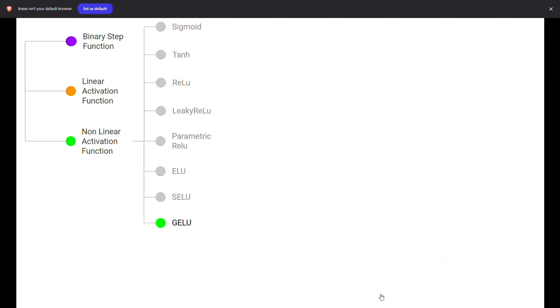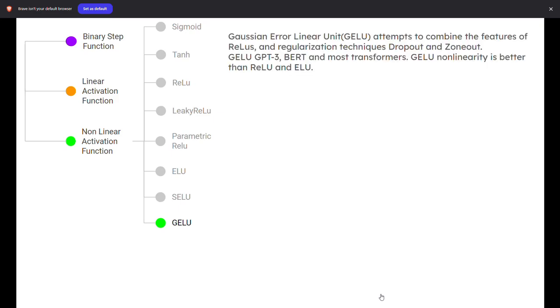Here, this is the Gaussian error linear unit. Gaussian error linear unit attempts to combine the features of ReLU and regularization techniques like dropout and zoneout. Dropout, many of you may be familiar, will just drop out some of the layers.